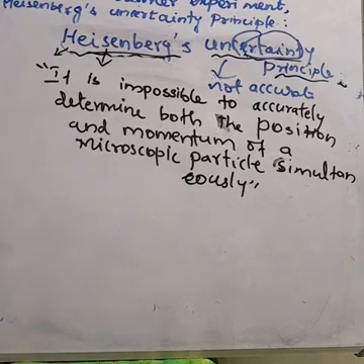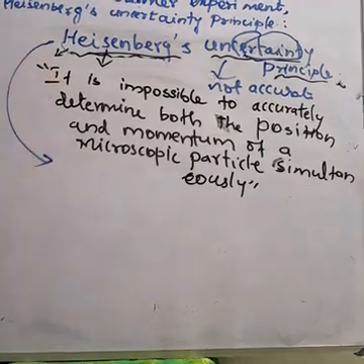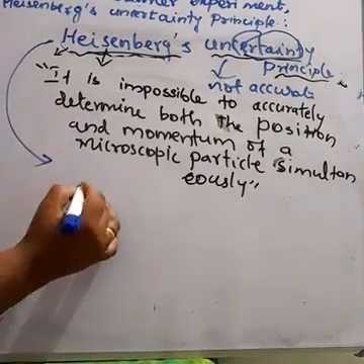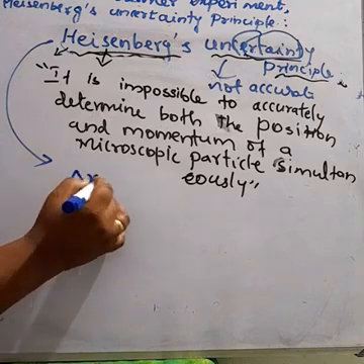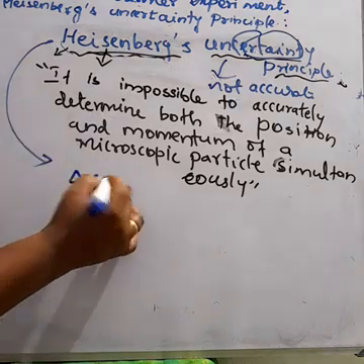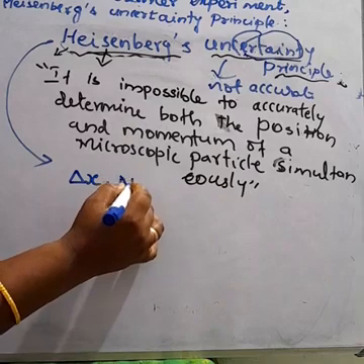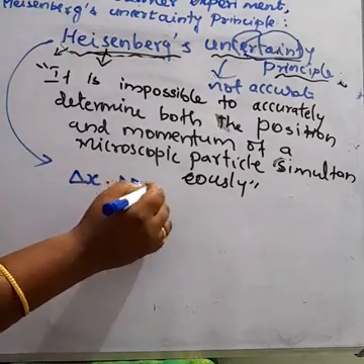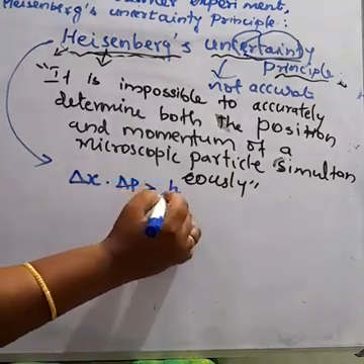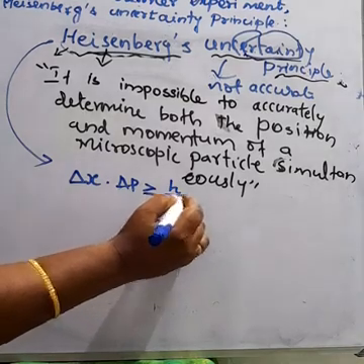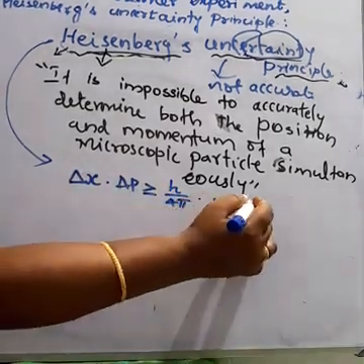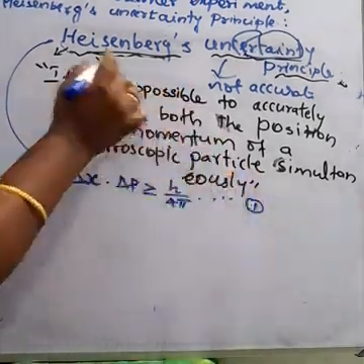According to the Heisenberg uncertainty principle, delta x into delta p is greater than or equal to h by 4 pi. This is the equation for the Heisenberg uncertainty principle.